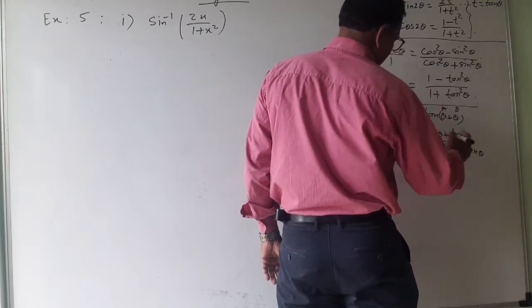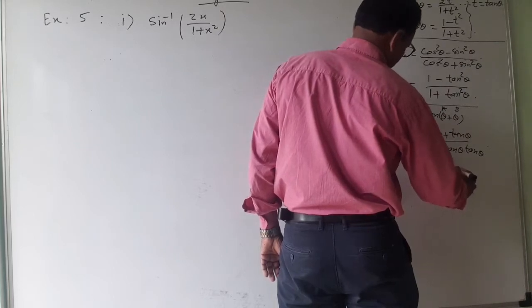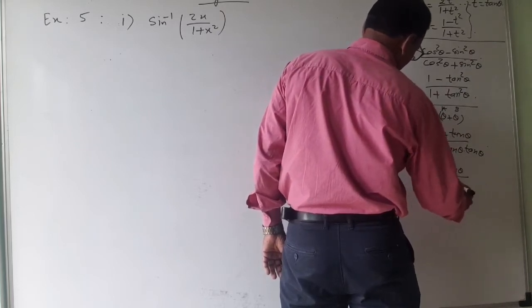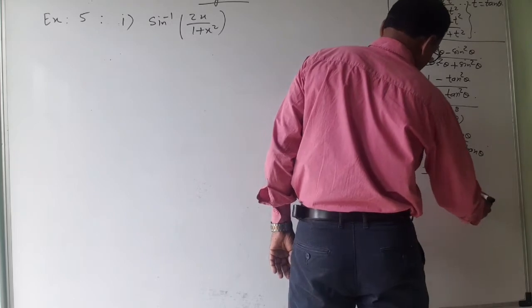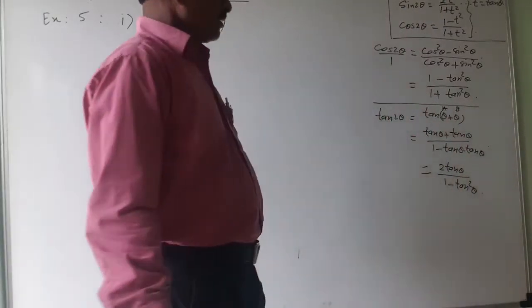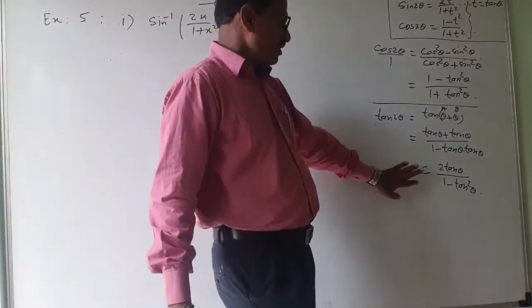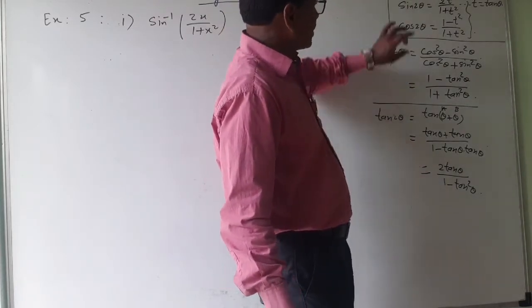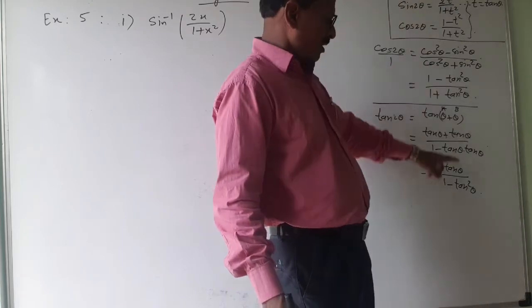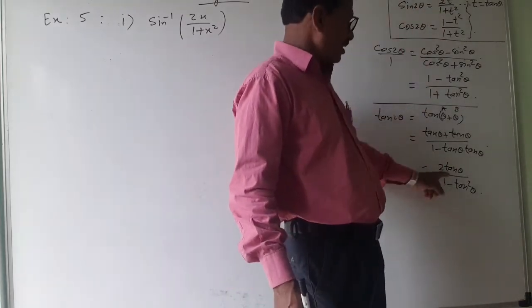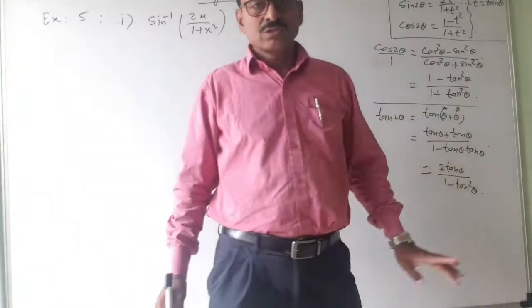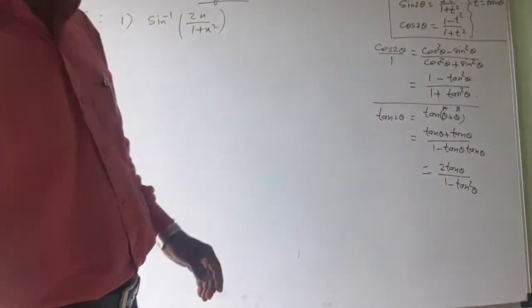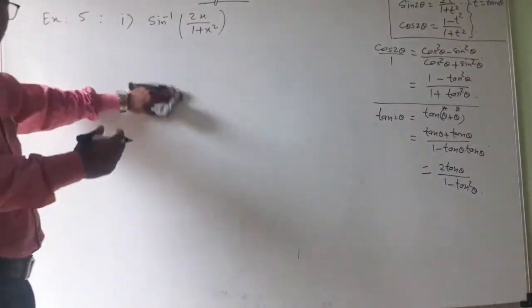So that is equal to 2 tan theta upon 1 minus tan square theta. Some of the students get confused in this formula, and by mistake they consider tan 2 theta as sin 2 theta. No, the denominator is different. The numerator is the same but the denominator is different. So note it down. Afterwards I am going to rub it.